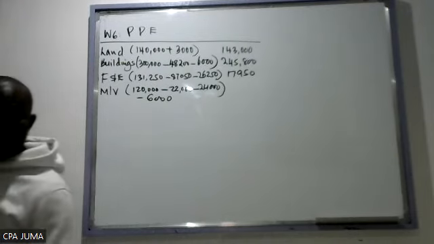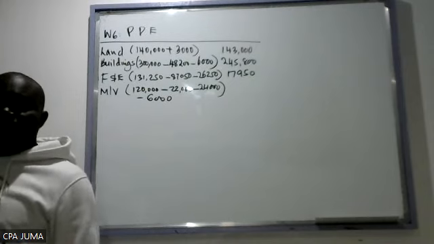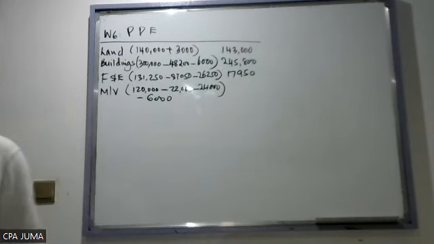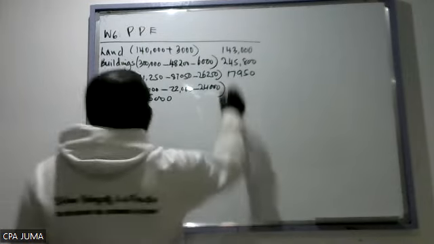So how much is remaining? The difference? 120 minus 22 minus 24 minus 6. 68,000.